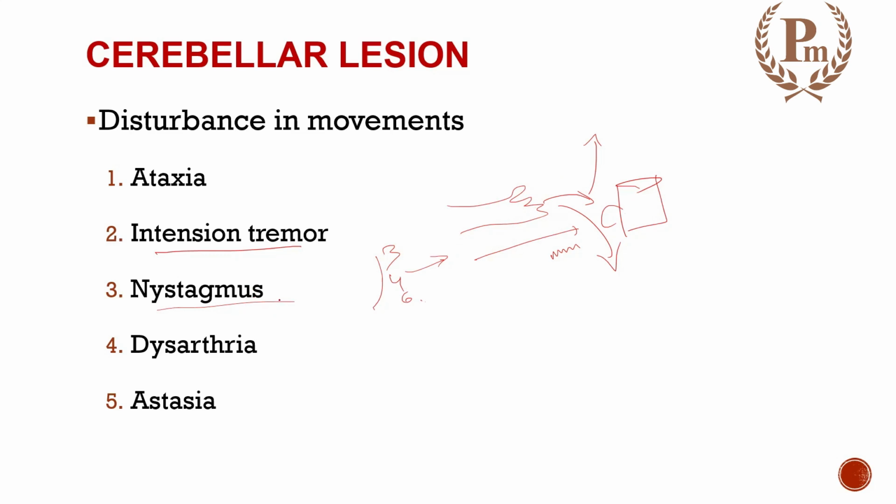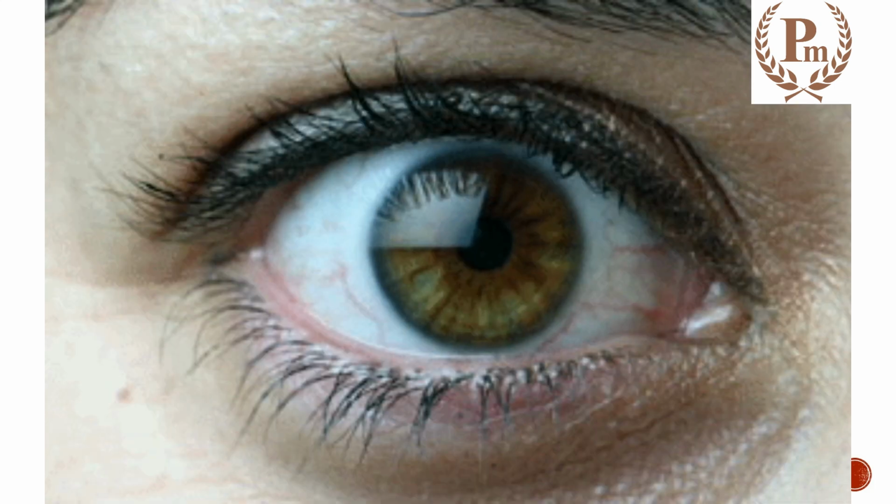The person's eyes make a lot of saccades, a lot of tremendous movements, rather than making a steady fixation. If you ask him to fix his vision on the fixation point, instead of having a constant fixation, there will be eye movements this side or that side. That is what you call nystagmus.